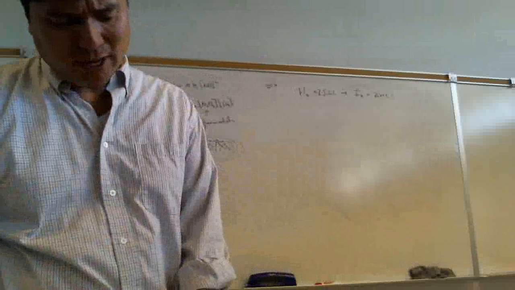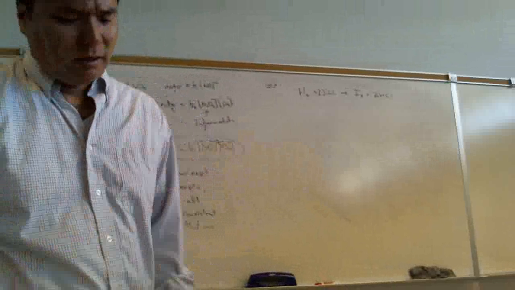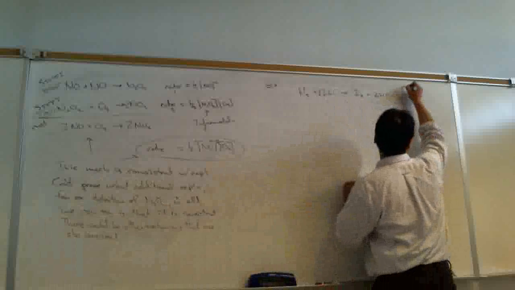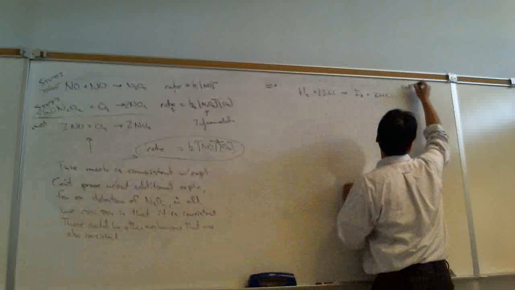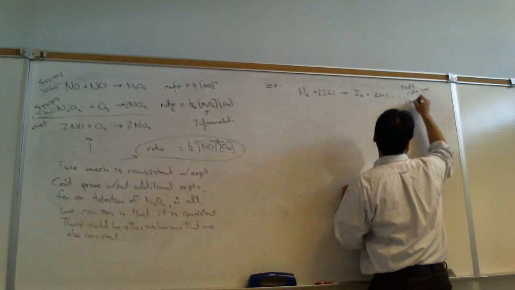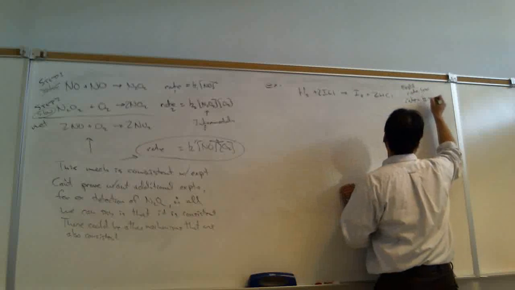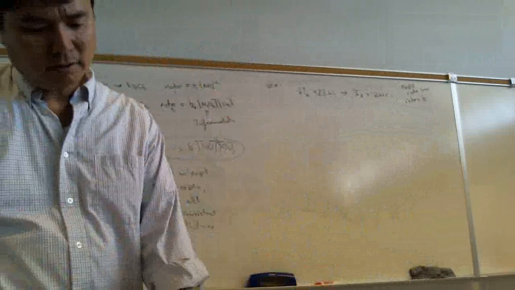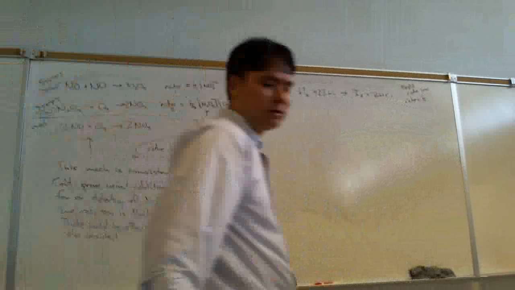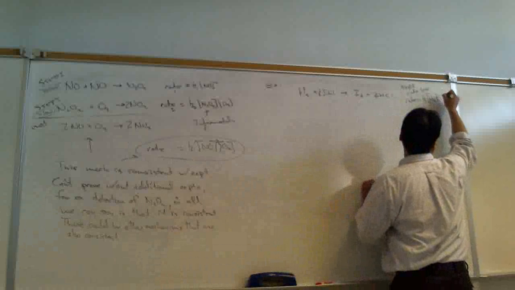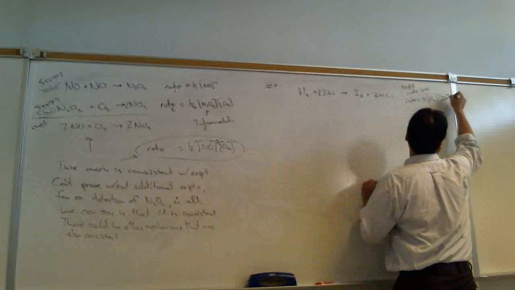This is a redox reaction. And the first thing they tell us is the experimental rate law. The rate is equal to k times H2, it's first order in H2 and first order in ICl.